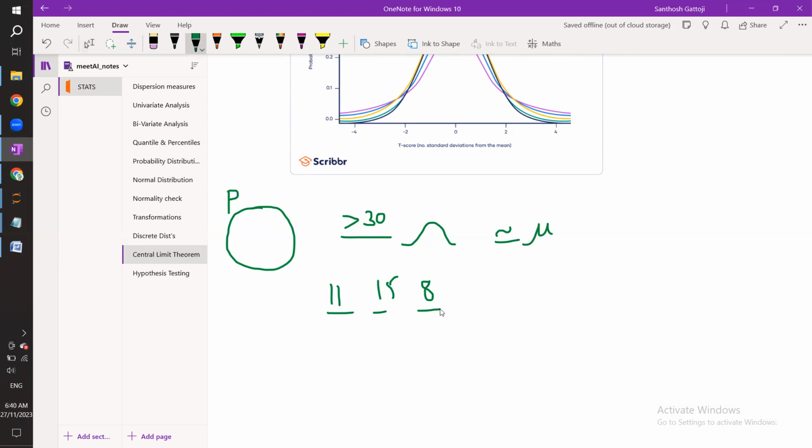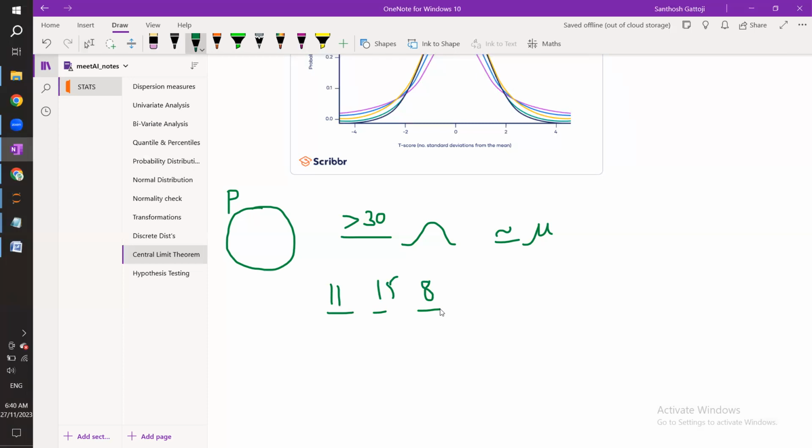In the initial stages of Corona, when it started and people did not understand what the root cause was, you did not have much population data available. In those scenarios it is possible that you will not get a sufficient amount of samples, so obviously your sample size will be less than 30.